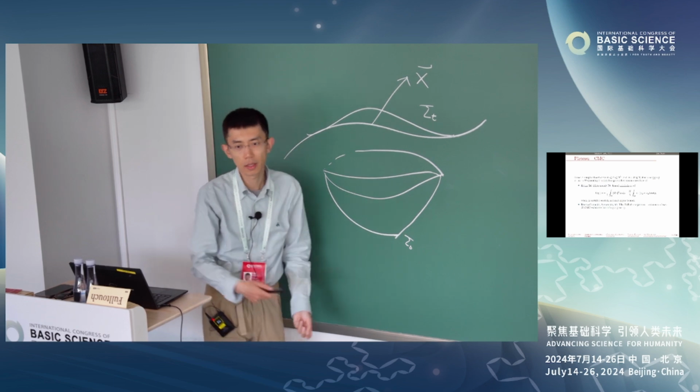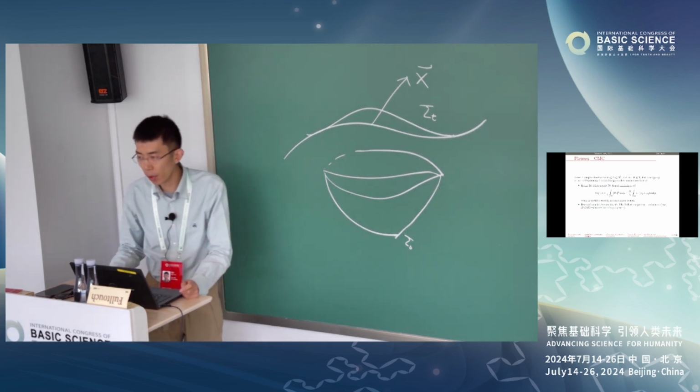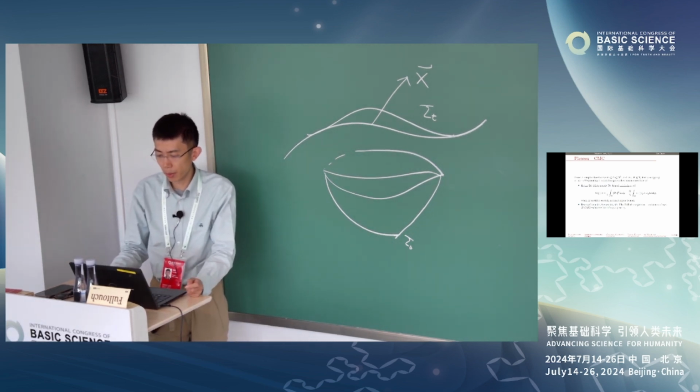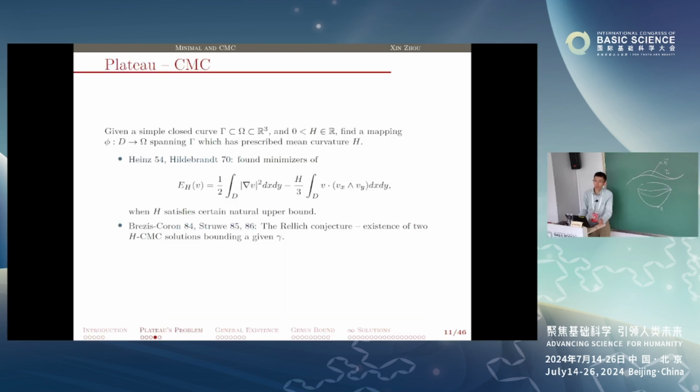So that's the area subtracted by the volume times the prescribed number H. They prove that if H satisfies certain upper bounds, you always get a solution. This upper bound condition is very natural because if H is very large, you only expect to get a small bubble, as discussed in the morning talk, so you wouldn't be able to get something with boundary.